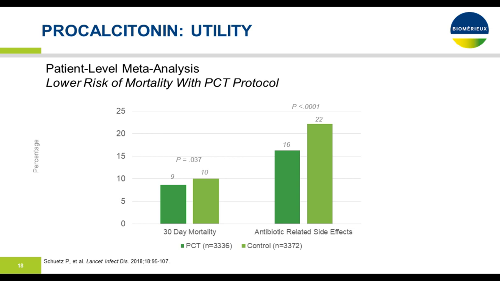So the summary of Dr. Schutz's Cochrane review was that a procalcitonin-guided protocol does decrease antibiotic exposure, does decrease antibiotic-associated adverse reactions without increasing mortality across all settings and all types of acute respiratory infections.